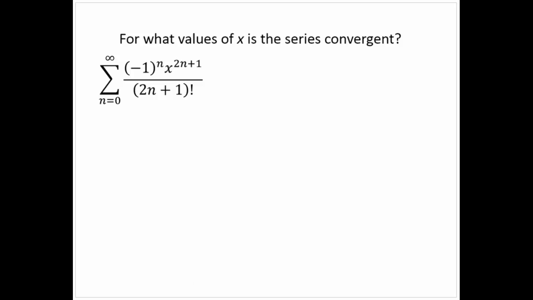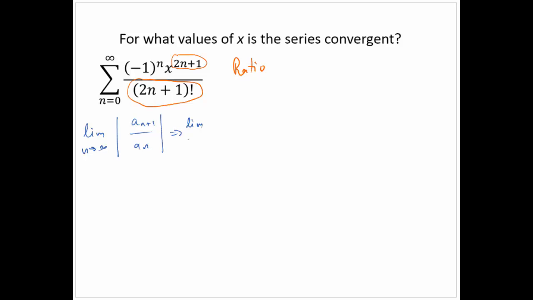So what I see is a factorial here in terms of n, and I see this exponential in terms of n. So what I'm thinking is this would be a good place to use the ratio test. All right, so applying the ratio test, that would give me the limit with n approaching infinity of the absolute value of a sub n plus 1 over a sub n.